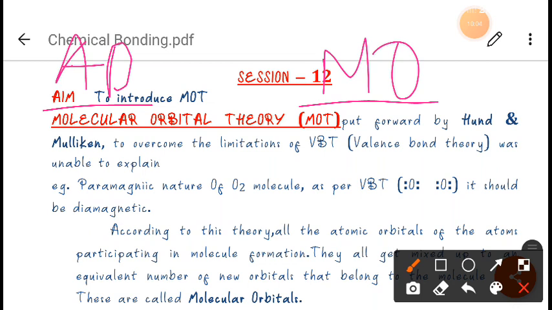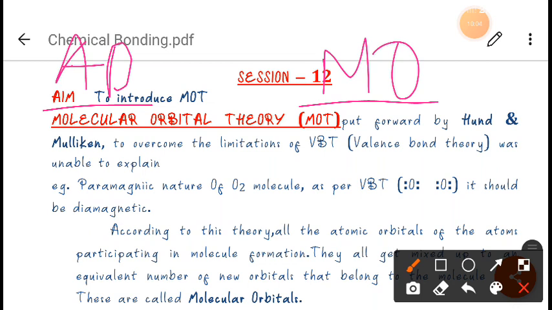Now next, atomic orbitals are pure orbitals and are obtained by solving the Schrodinger wave equation for the given atomic system, right? We have discussed the Schrodinger wave equation in atomic structure.